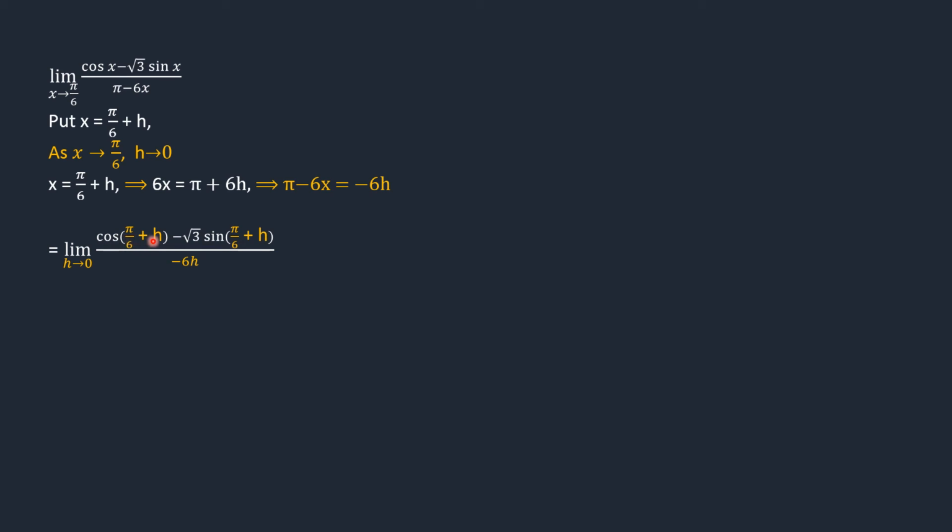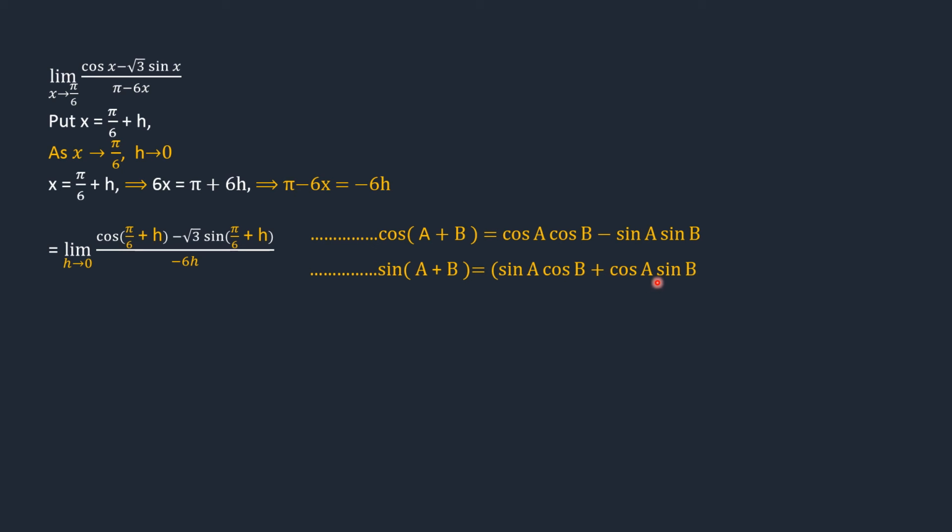First we will find out the value of this by the formula cos (a plus b) equals cos a cos b minus sin a sin b, and the value of sin (pi by 6 plus h) by the formula sin (a plus b) equals sin a cos b plus cos a sin b.